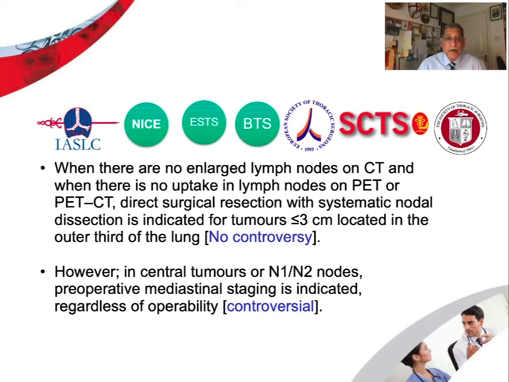You have to decide your own strategy, whether it is systematic nodal dissection, systematic nodal sampling, lobe-specific nodal sampling, or something else. But you have to have the evidence for what you practice. You must defend what you practice by evidence. It must be evidence-driven. There is no controversy in this decision of upfront operating without routine EBUS and routine mediastinoscopy.